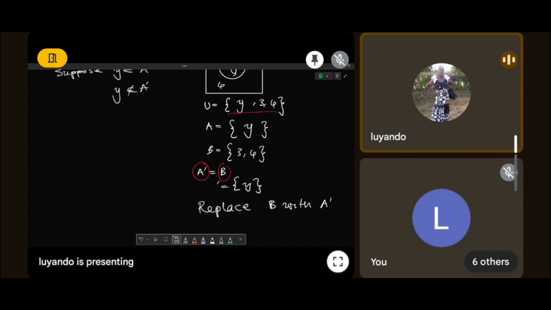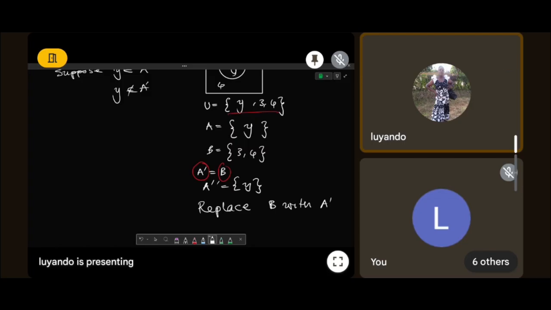Okay, what I was saying was since we've said, remember we had B complement equal to just the element y, and we said that where there is B, we can replace B with A complement, since A complement is equal to B. So we can remove the B and put A complement.